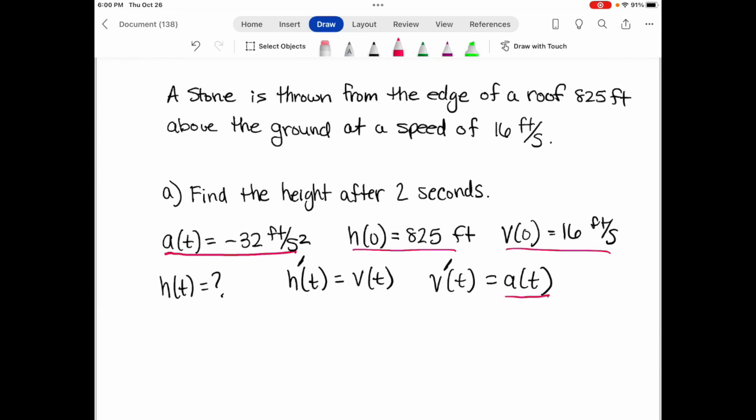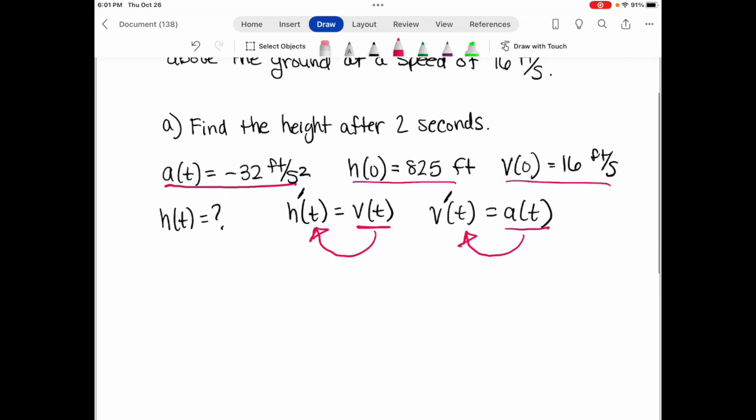So if I start with the acceleration function and do the antiderivative, that should give me the velocity. And then if I have the velocity function and I do the antiderivative again, that should give me the height function. So we're going to start with the acceleration function and find the antiderivative twice. That's the goal.